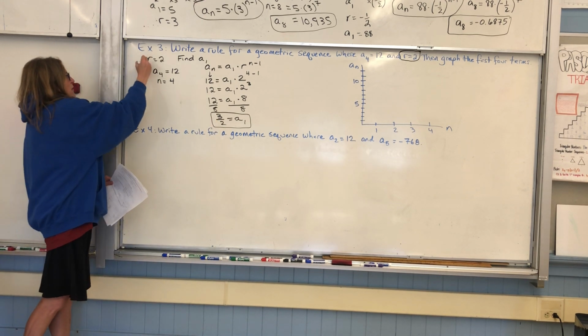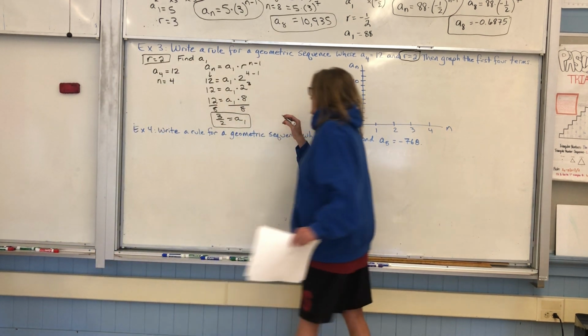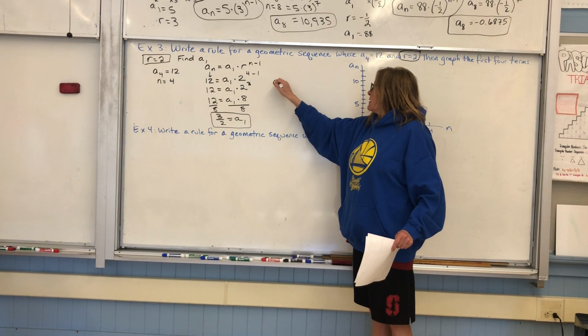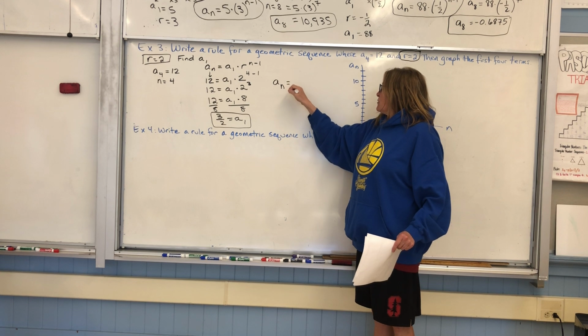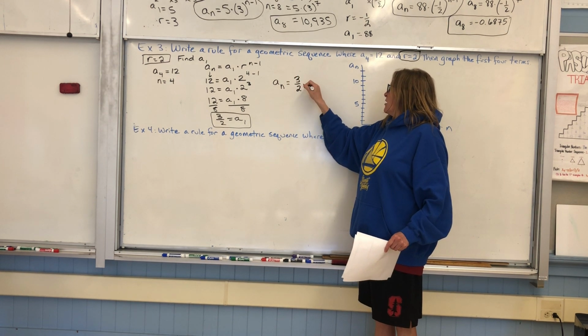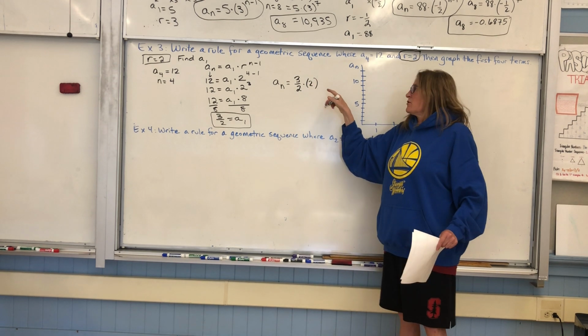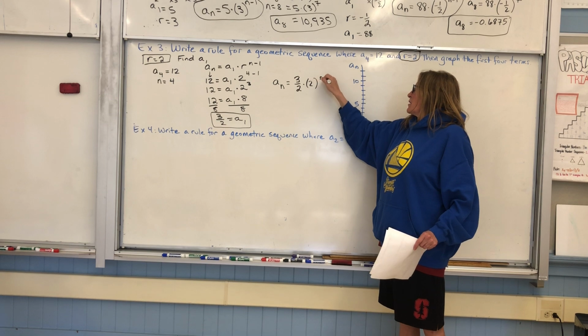And we know that R is 2. So those are the two things we need. So here's our formula. A sub n equals A1, which is 3/2, times R, and I always like to put parentheses here. You don't need it, but it reminds you that you'd always do the exponents first.